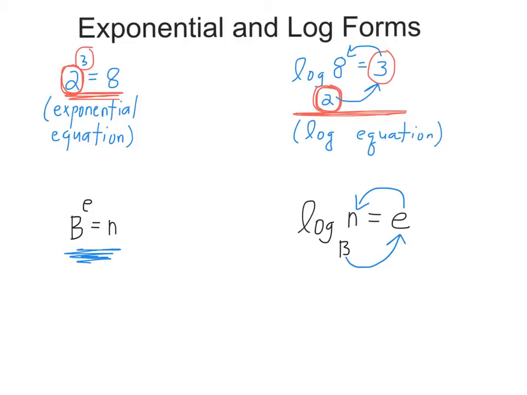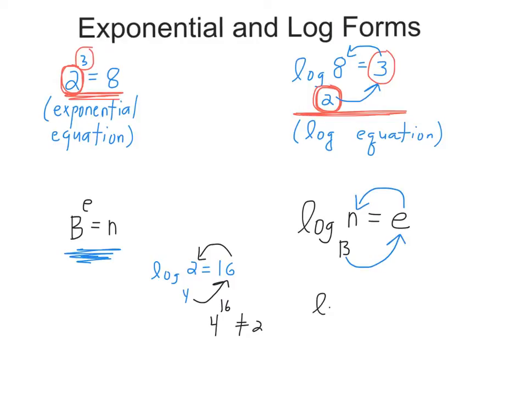Now something such as log base 4 of 2 equals 16, this would not make sense. This would not be a true statement because, again, if we were to do our BEN here, this 4 raised up to the 16 is not equal to 2.